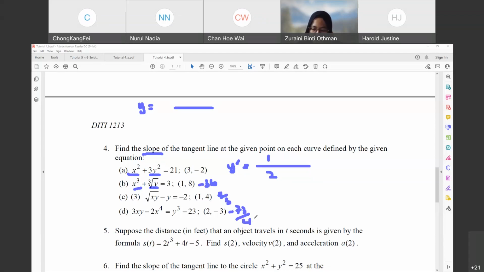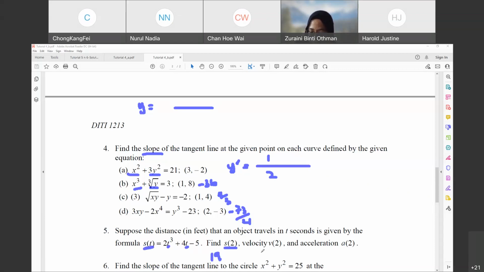For number 5, ni. Yang ni ialah application dia. Bila kita nak cari find S is equal to 2, just gantikan t sama juga dengan 2. Kat situ nanti akan dapat jawapannya ialah apa ni. Kalau tak ada soalan saya laju macam ni tau. Ni 19. Velocity cari pembezaan pertama untuk S(t).